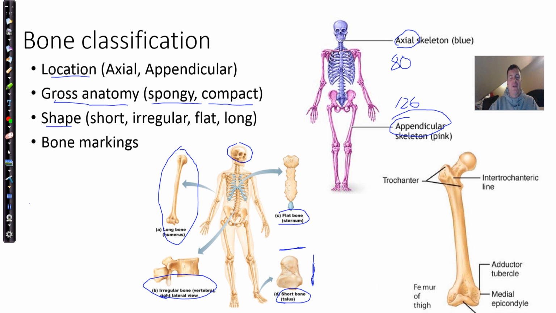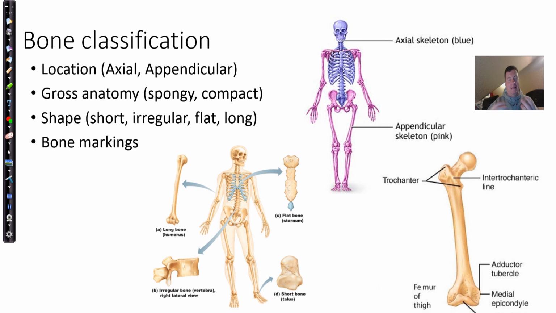And finally, bone markings. As you get further in your discussion of the skeletal system, please don't think about these bones in your arms and your legs and around the body as just sticks. They're going to have unusual areas that are kind of rough, or areas that are round, or indentations. You'll see words like fossa and ridge and trochanter, and some of these terms, like epicondyle, are a little unusual.